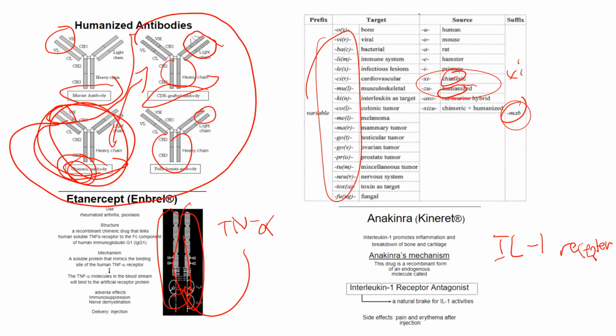IL-1 is another inflammatory mediator, so by blocking its receptor, with an IL-1 receptor antagonist, it will essentially block that action. So anakinra attacks receptor, and etanercept attacks molecule. If you can remember that, I think you should be good on these two. There's definitely a question about one of these. I think ours was etanercept, but I really do not remember. So just know those two vaguely to the extent I described, and you'll probably be fine.